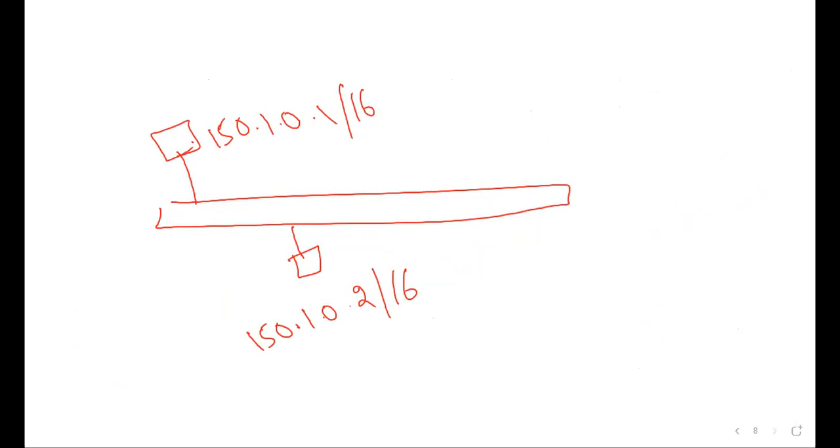Yes, they can. How can they, or what is the reason for them to communicate? They are in the same network, which means the first two octets are the same.